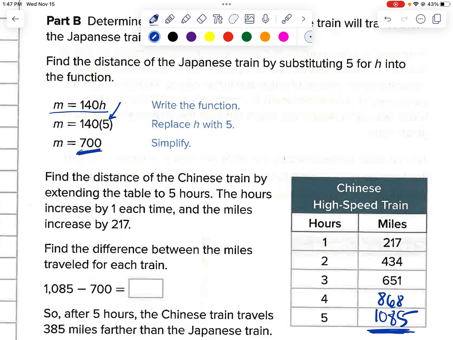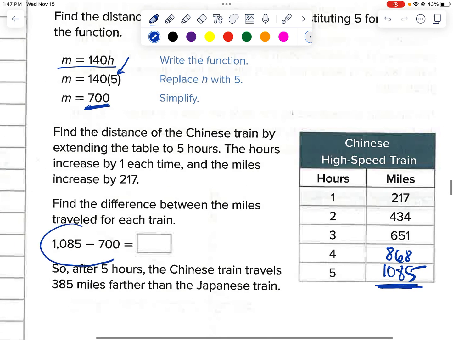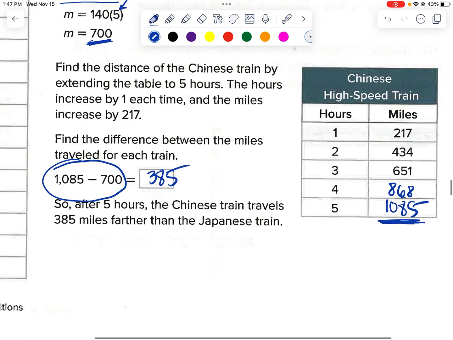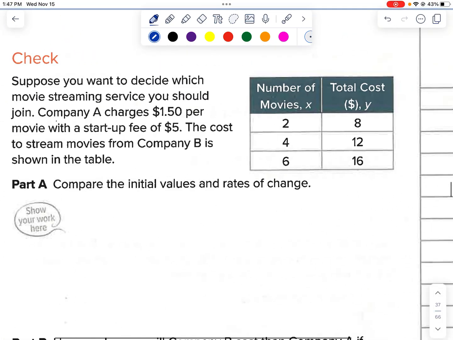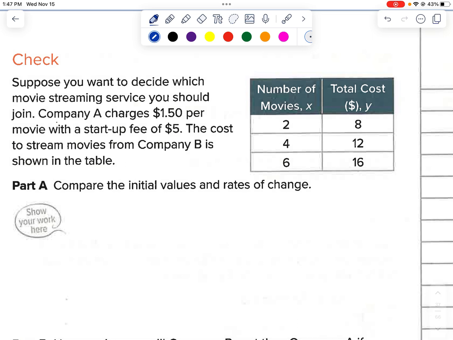Here it is for the Japanese train. If we subtract those numbers, we'll find that it's 385 miles difference. So after 5 hours, the Chinese train will be 385 miles farther than the Japanese train.